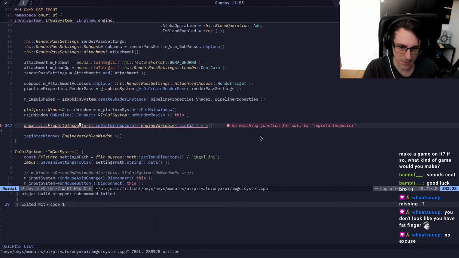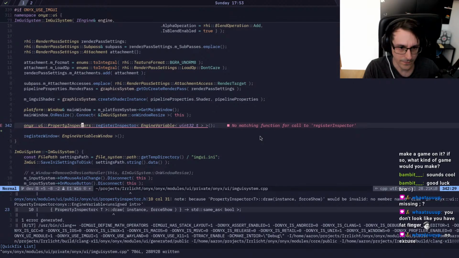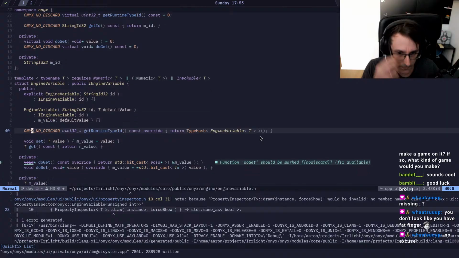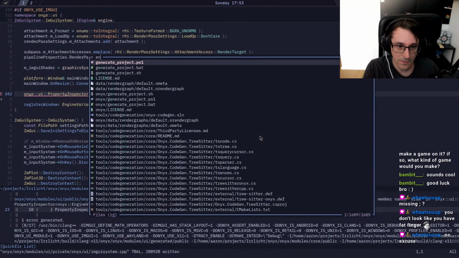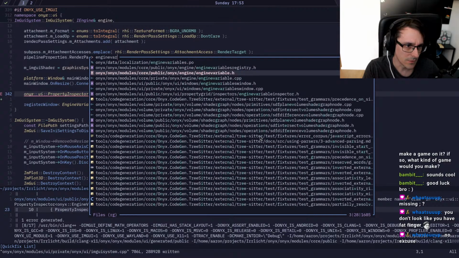Why would you not like that? Oh, does it not have the correct engine property, engine variable property inspector? Where is it?